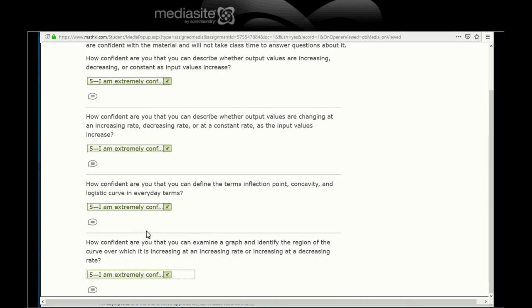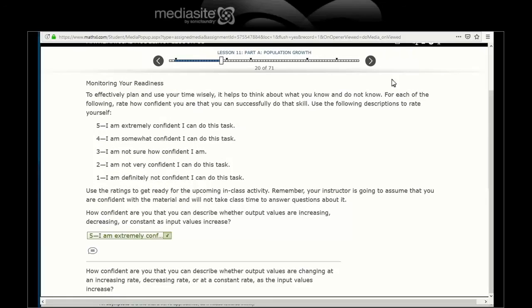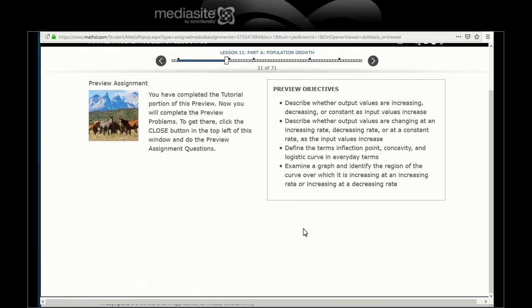I'm pretty confident on that one too. We did that. Describe what output values are changing. We did that. Increasing or decreasing rate. Define the terms and examine the graph. We did all that.